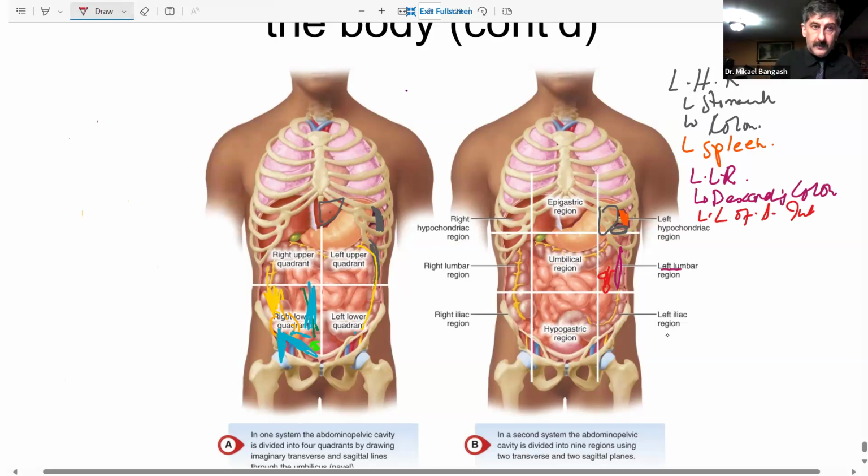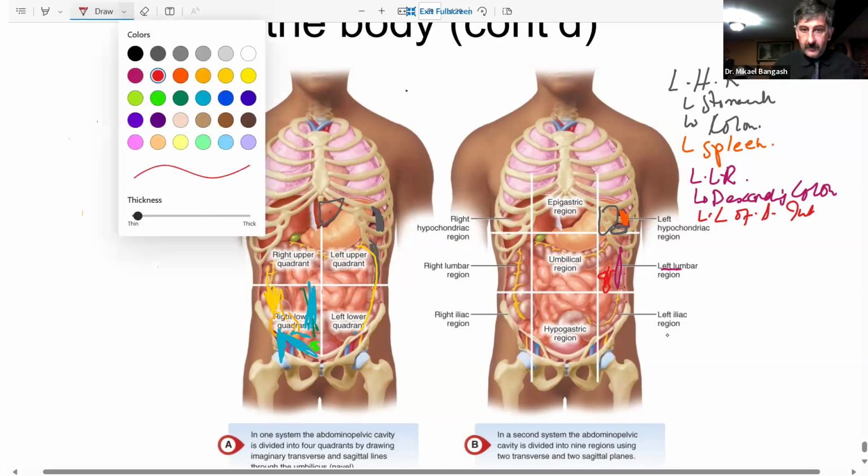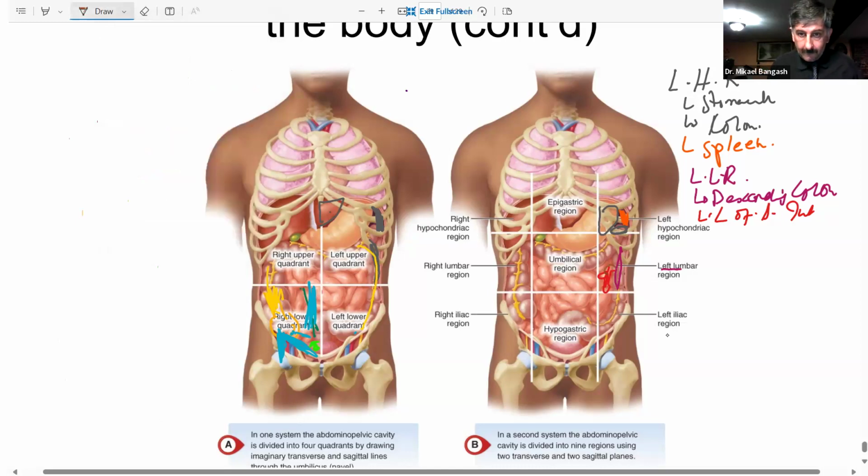Mainly it's something that we don't see because it's going to be hidden behind the loops of the small intestine, but it's going to be your left kidney. Did you guys get that?